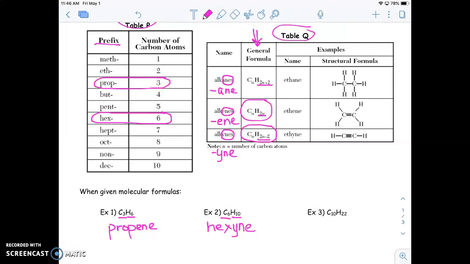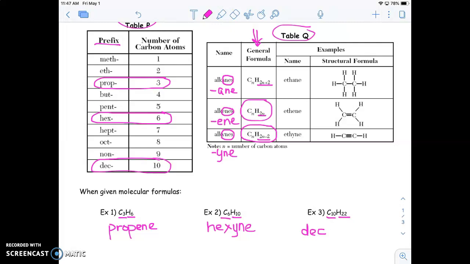Okay, last one. There are 10 C's. So where do I get my prefix from? I get it from table P. So this is going to begin with dec. And then I need to see, how does the number 22 compare to the number 10? If I double the number 10, what do I get? I get 20.